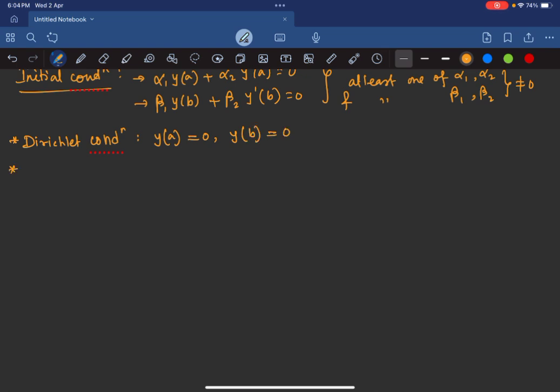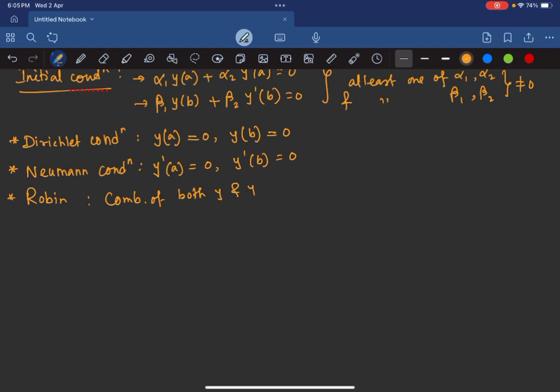Next one is the Neumann condition, if the derivatives are prescribed at the initial and terminal points. And if it is mixed, then we have the Robin condition, or mixed condition. That means it is a combination of both y as well as y' at the initial and terminal points. Then we have these three cases.